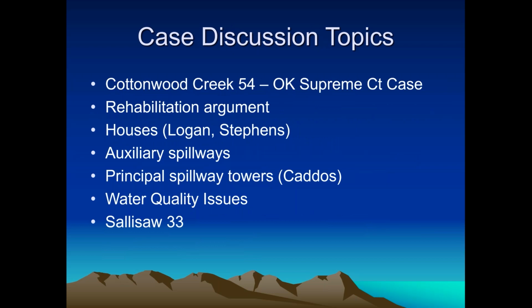Lastly, I just wanted to point out a few things. I have listed a bunch of different things, but the couple of areas I wanted to point out was, number one, our Cottonwood Creek 54. For those of you that might be interested, that is an Oklahoma Supreme Court case that came out of a rehabilitation in Logan County, Oklahoma. If you're interested in reading that case, it's Logan County Conservation District versus Pleasant Oaks Homeowners Association.